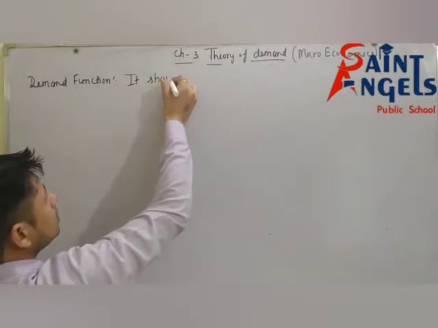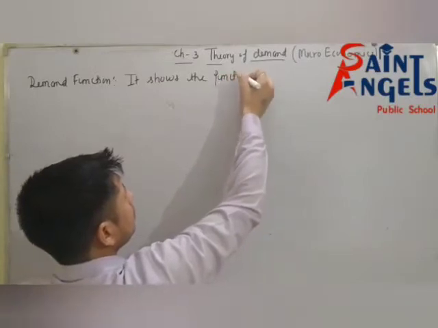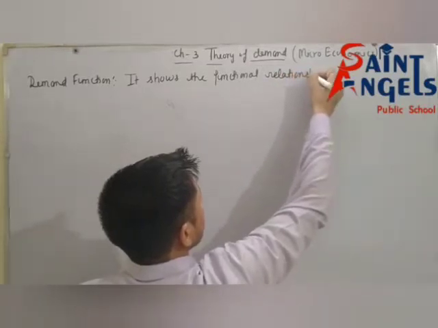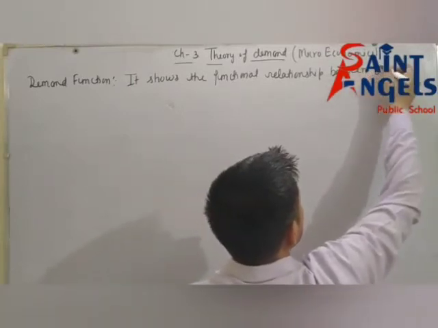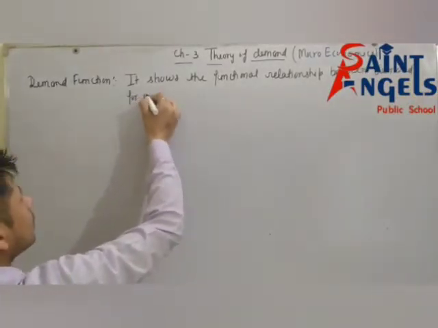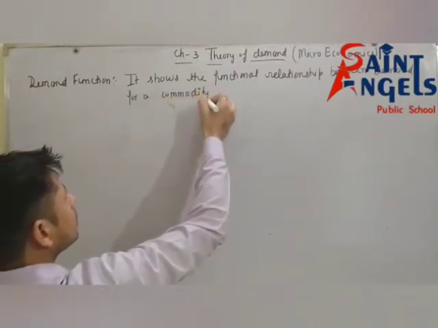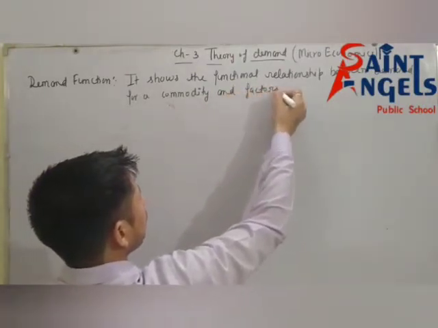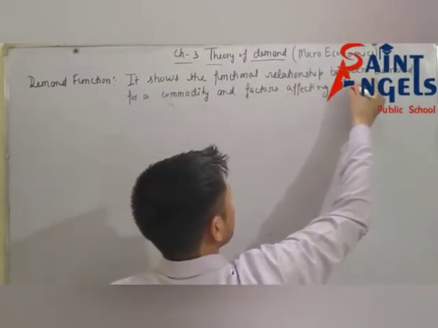Demand function shows the functional relationship between demand for a commodity and factors affecting it.